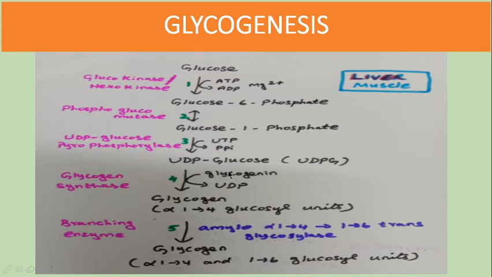Now the preformed glycogenin is nothing but a polyglucose chain made up of 8 glucose residues. It's a protein.